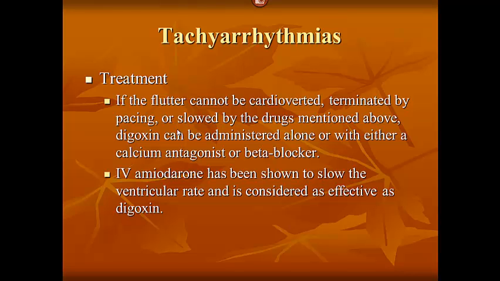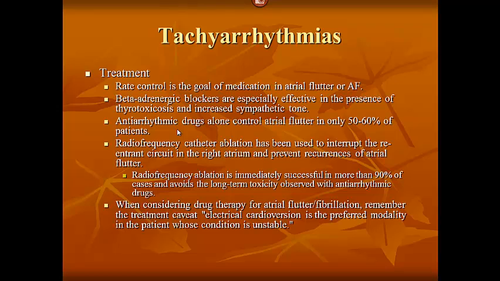In addition, if the patient cannot be cardioverted, you could start amiodarone. Basically, your goal is to control the rate, either by beta blockers, try to rule out the presence of thyrotoxicosis, such as in hyperthyroidism. You could do ablation therapy, or you could do, again, cardioversion.